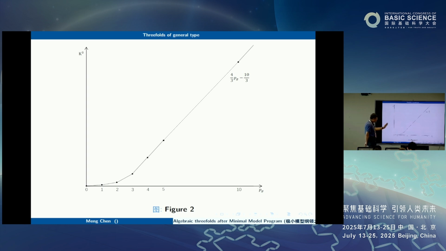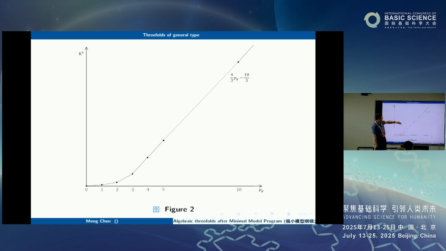Every minimal threefold of general type is distributed above this line, the so-called Noether line.